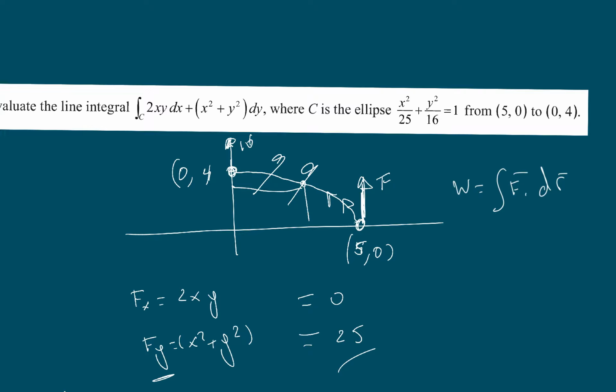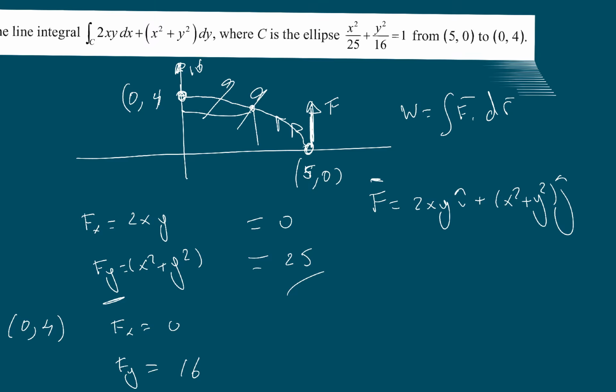And the trick here is to check whether the vector field F equal 2xy i plus x squared plus y squared j is conservative or not conservative.